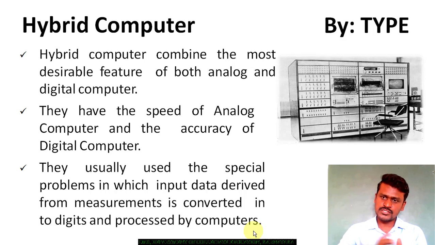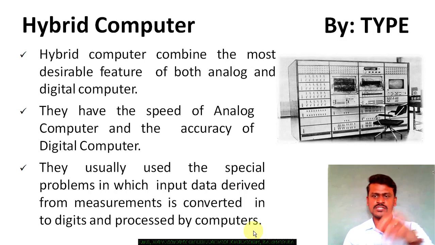It will take the processed data only. It will not process or convert any data. It will directly take the processed data and give the exact, accurate result based on the data.